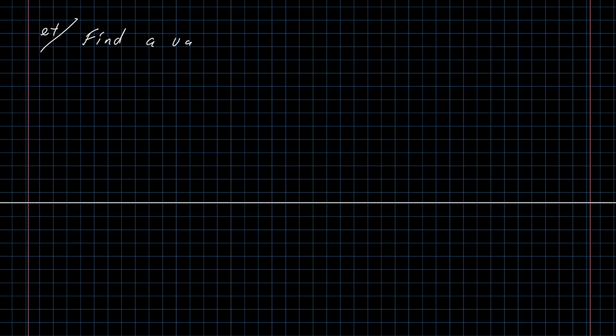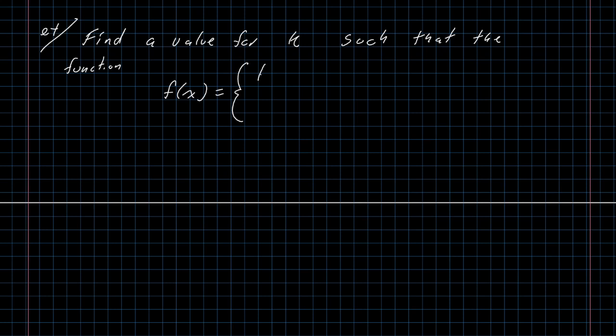Find a value for k such that the function f of x, defined piecewise as kx plus 2 if x is less than 4 and 10 if x is greater than or equal to 4, is continuous everywhere.